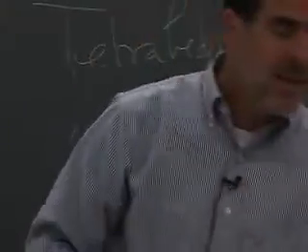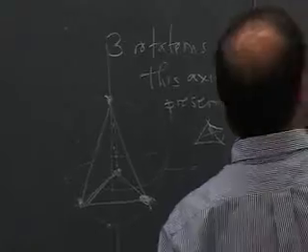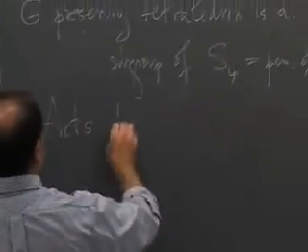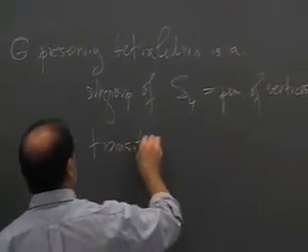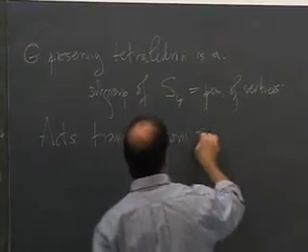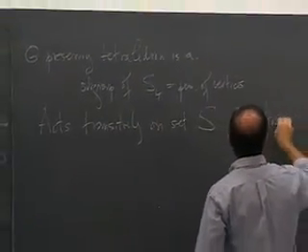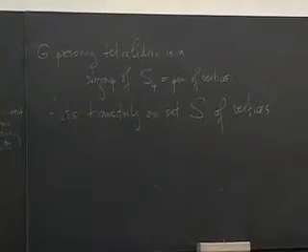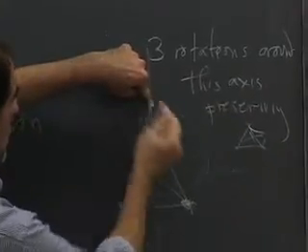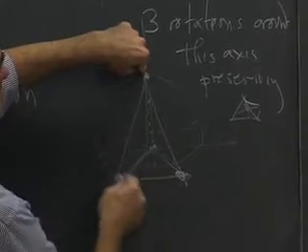Okay? In particular, whatever this group is of S4, it acts transitively on the set S of vertices. Because just taking the 3 rotations around the axis going through here permutes these 3 vertices transitively.